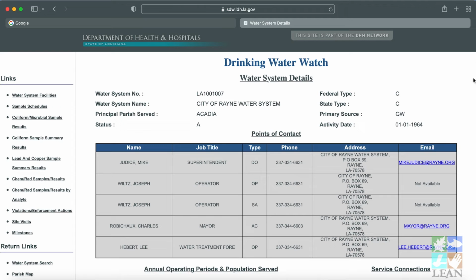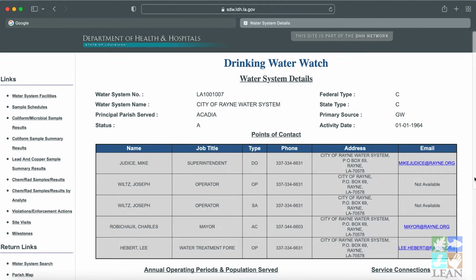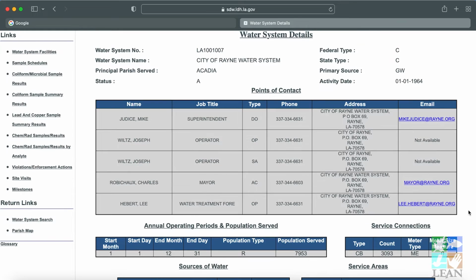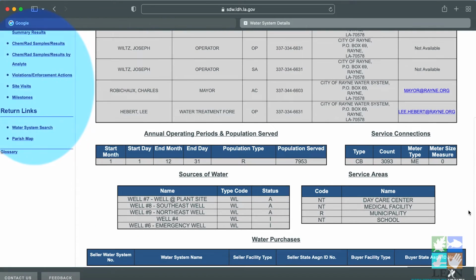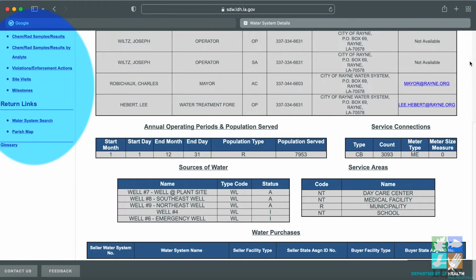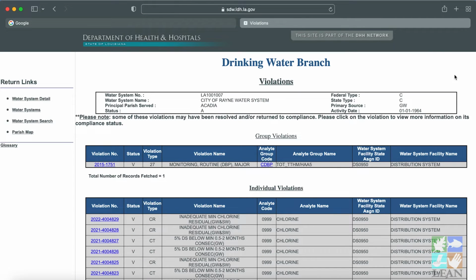Again, you're going to see a lot of information about the water system on this first page. But on the left, you're also going to see links with more detailed information. So let's look up enforcement actions and violations. Again, that's where we're going to learn what's really in our water that we may be having problems with.